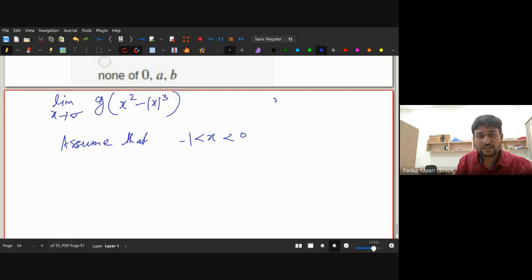Now because x is negative, mod x becomes minus x. Let's take t to be x square minus mod x cube, but because x is negative, mod x becomes minus x, and therefore this will become x square plus x cube.